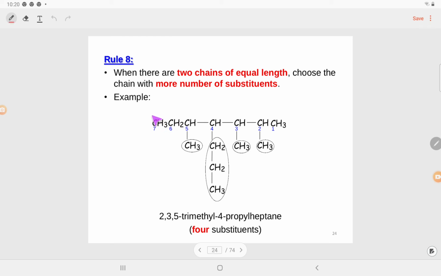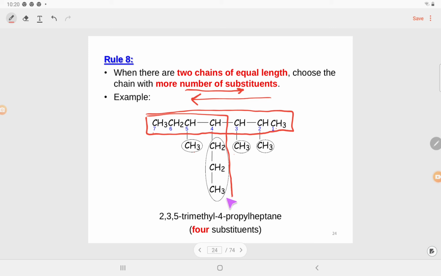And next rule, when we calculate the longest carbon chain from left to right, or from right to left, and the number of carbon atoms is similar, you must choose the calculation that gives the highest number of substituent groups. So in this situation, writing from right to left, we go 1 to 7, or down, this is also 1 to 7.